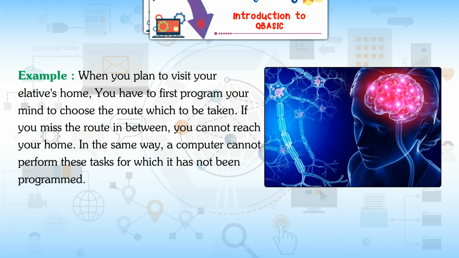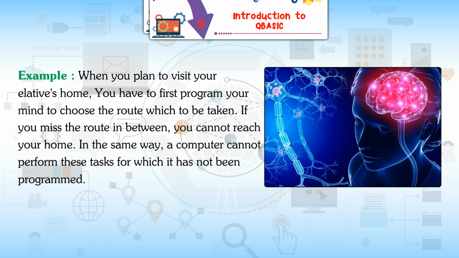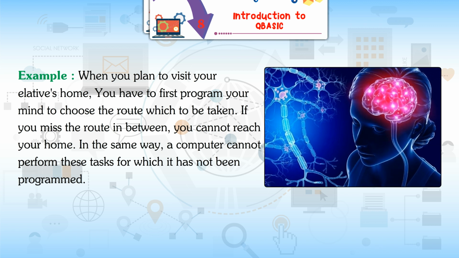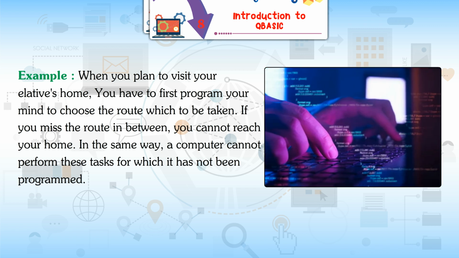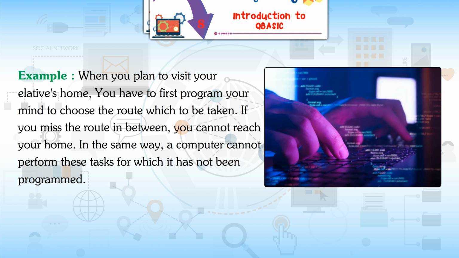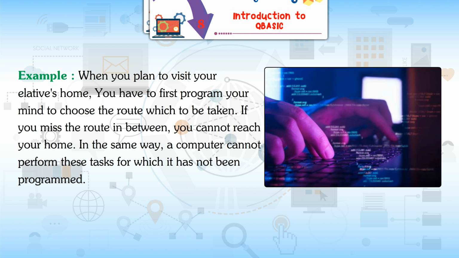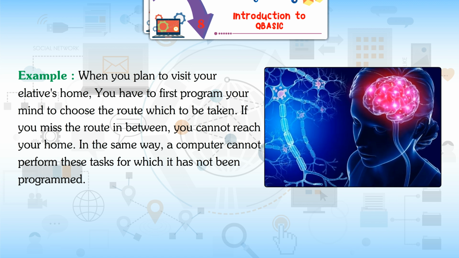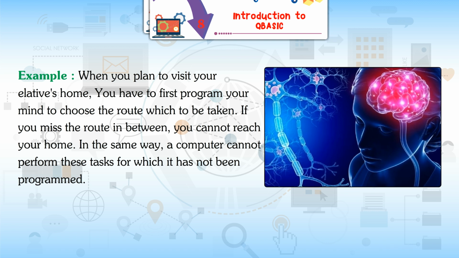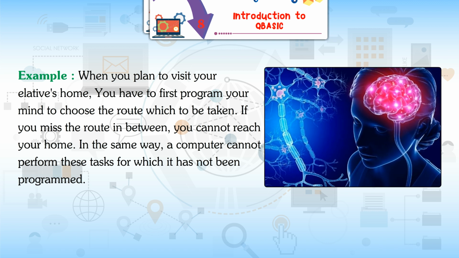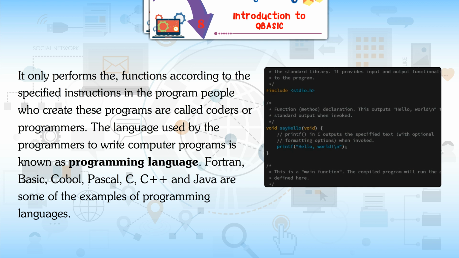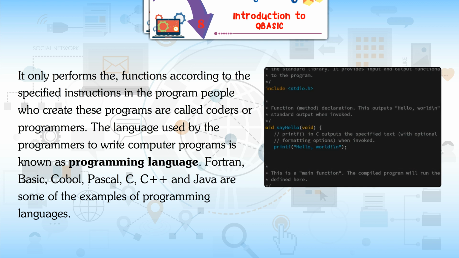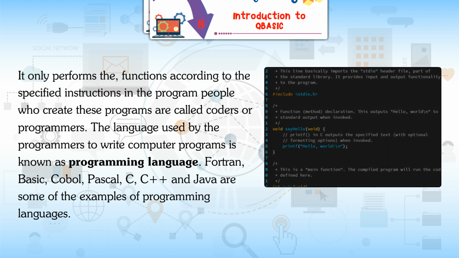For example, when you plan to visit your relative's home, you first have to program your mind to choose the route to be taken. If you miss the route in between, you cannot reach your destination. In the same way, a computer cannot perform tasks for which it has not been programmed. It only performs functions according to the specified instructions in the program.